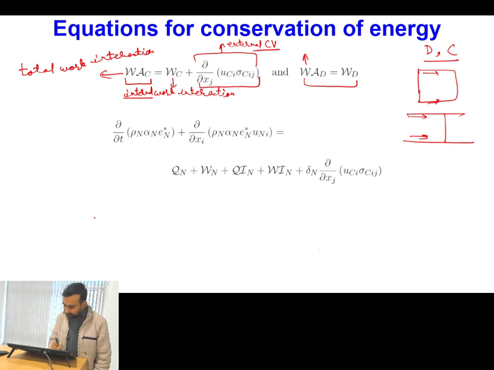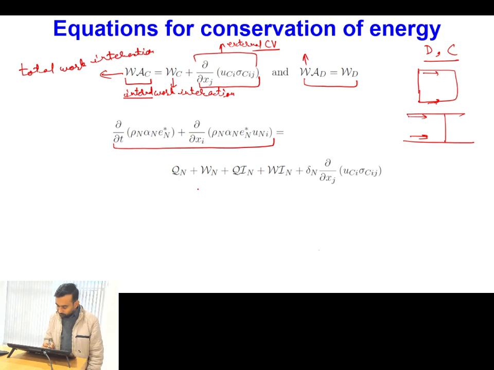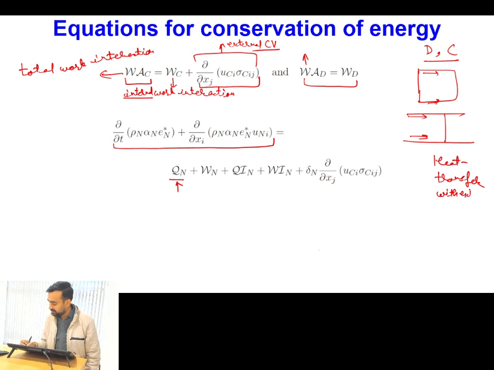Now comes this left hand side, which we have already seen. Okay, left hand side we have already seen. Then in right hand side it will be Qn. Qn is heat transfer with external surroundings.